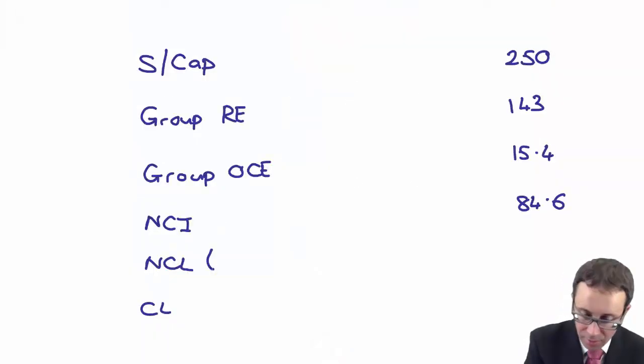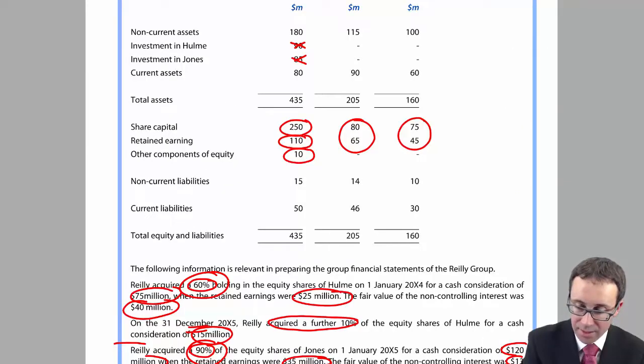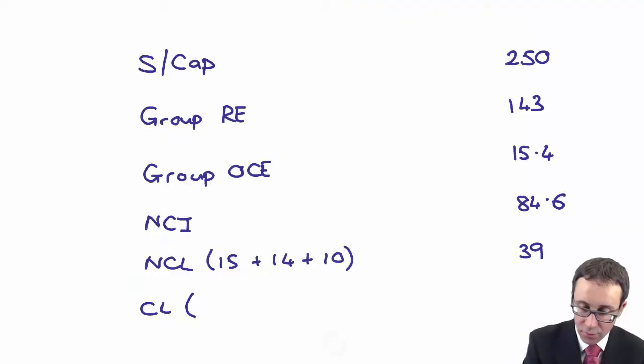Remember that. 15 plus 14 plus 10 is 39. Current liabilities are 50, 46, and 30.